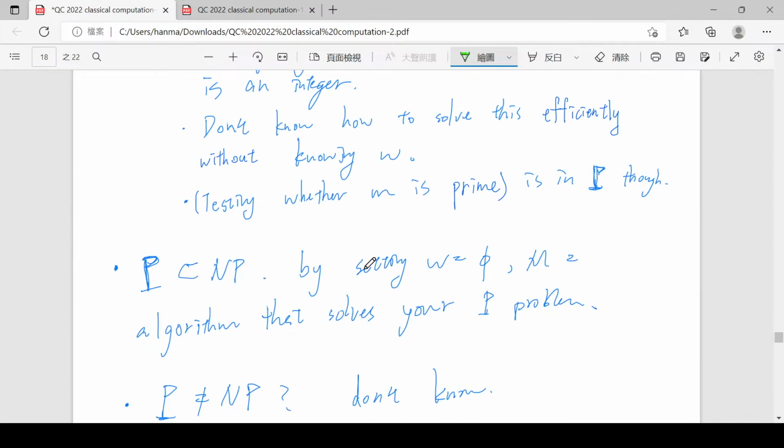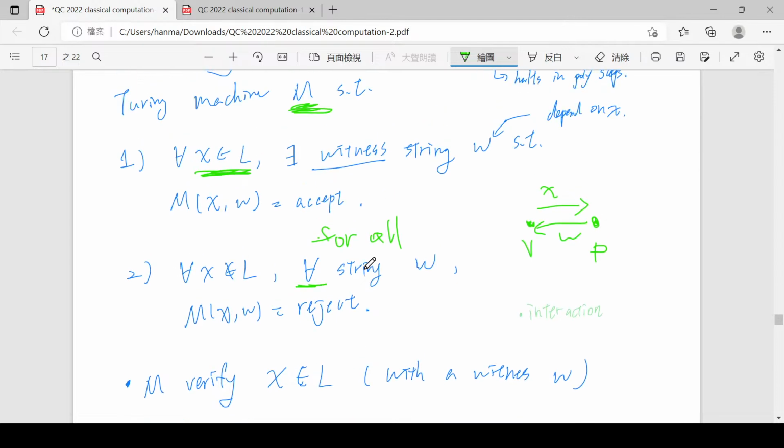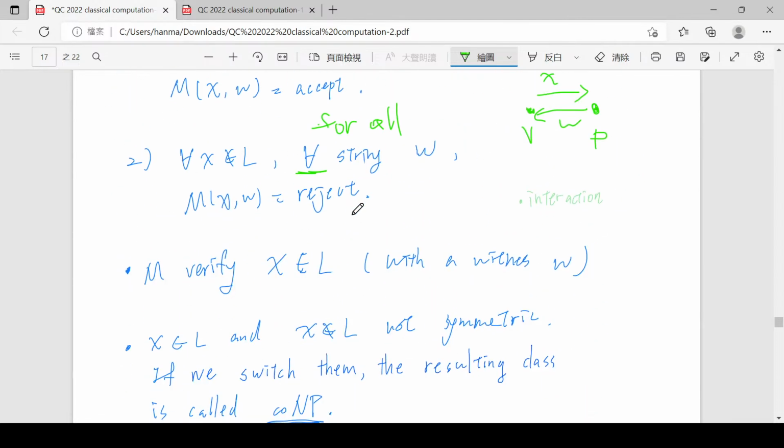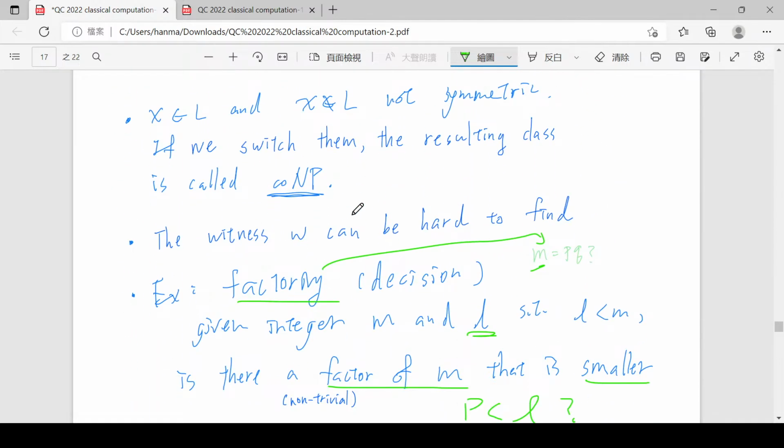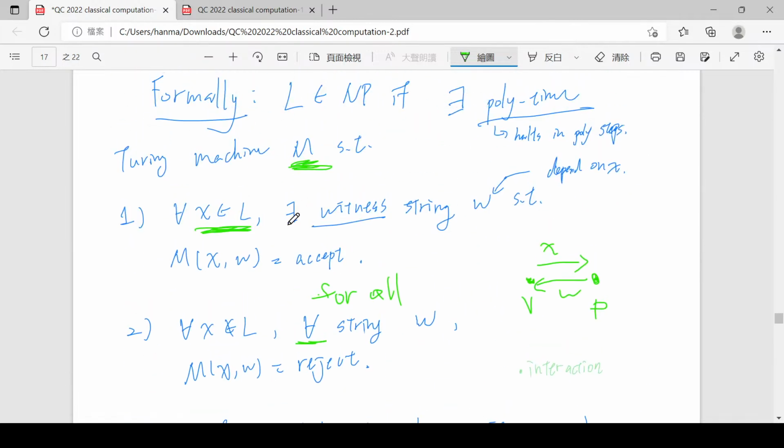And anyway, back to the actual important part. So this is an example of things in NP.